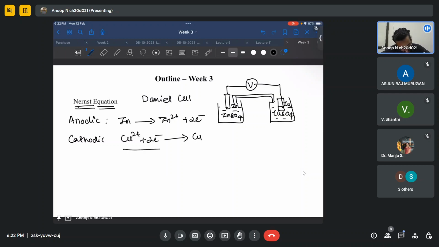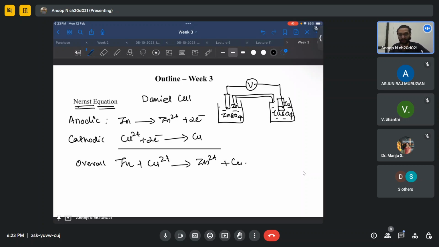So overall reaction we can write: zinc plus Cu2+ gives Zn2+ plus Cu.